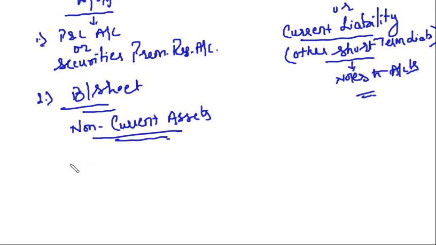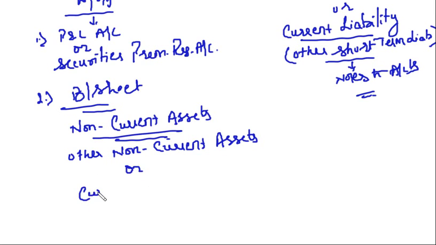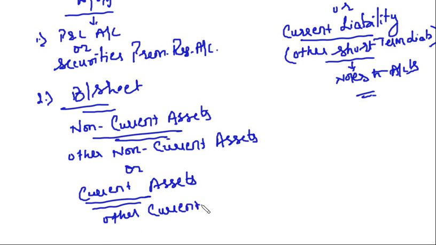And under this subhead, other non-current assets, because if this loss is to be written off after a period of 12 months. Or current assets if it is to be written off within 12 months, right? Under current assets, other current assets. Clear? This is the disclosure in balance sheet.